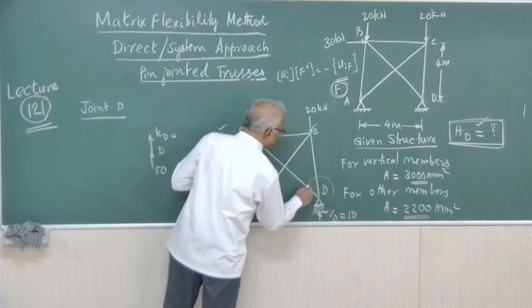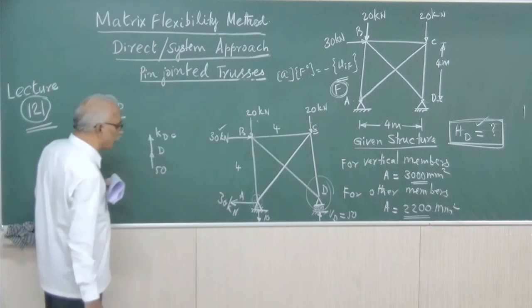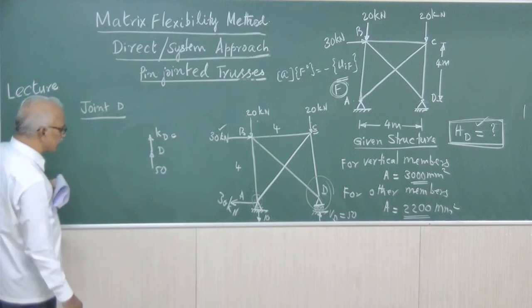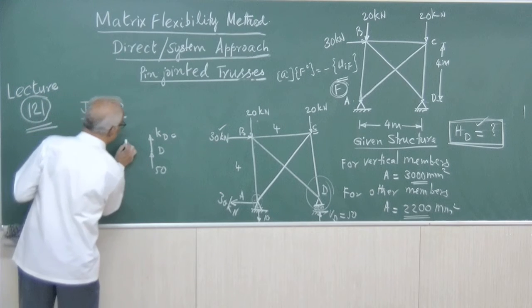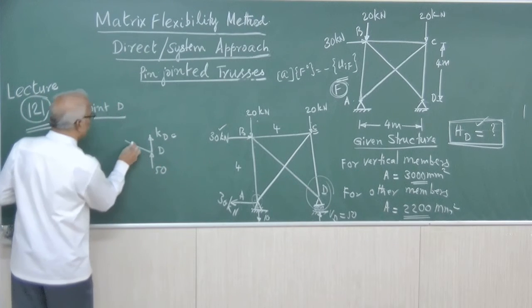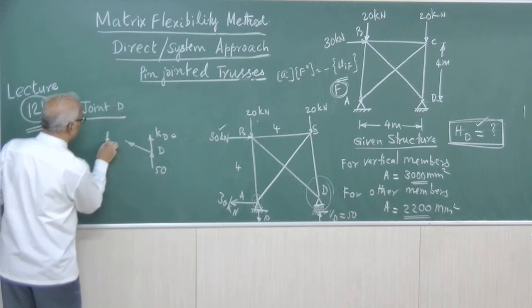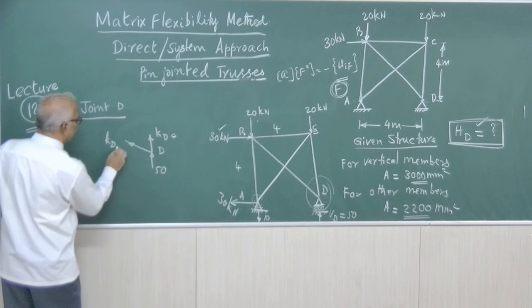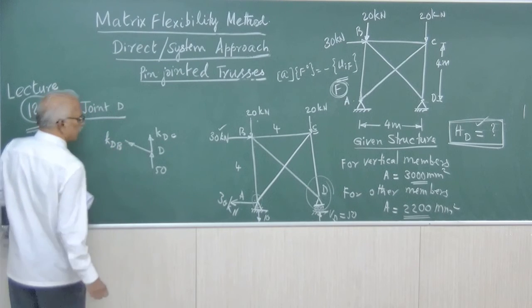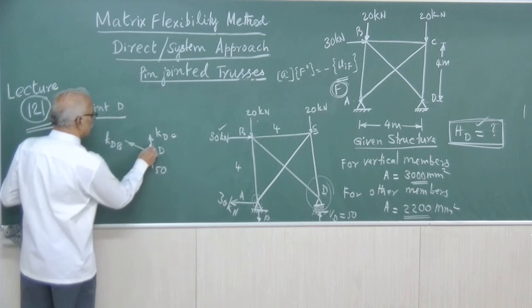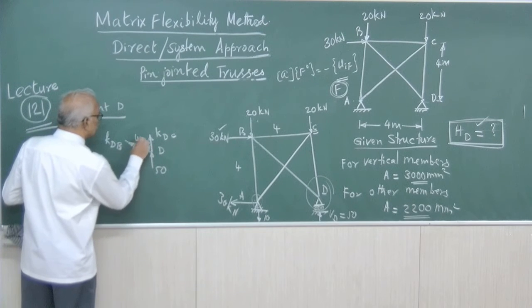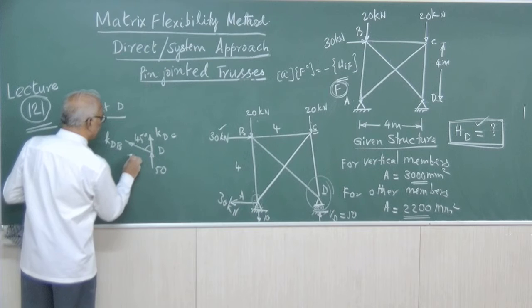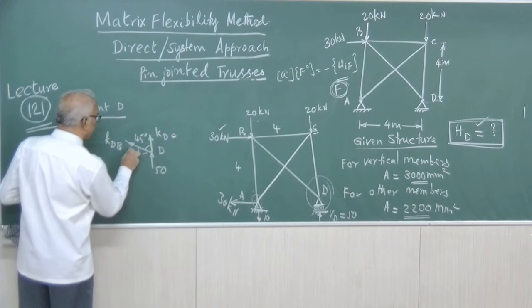We have to mark all the details around D, including reactions, forces, everything. And here there is another member, K D, and the far end is B. These are the two members. This angle is 45 degrees and this angle is also 45 degrees.